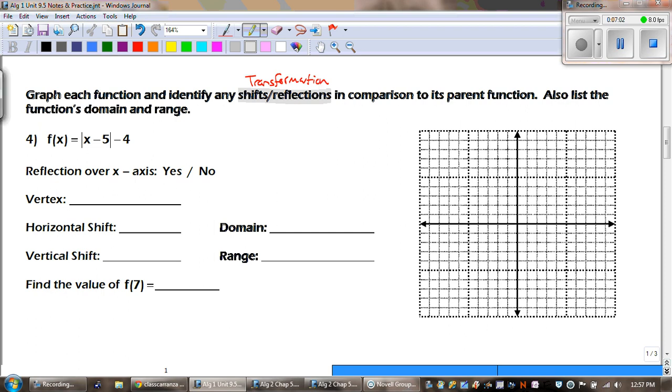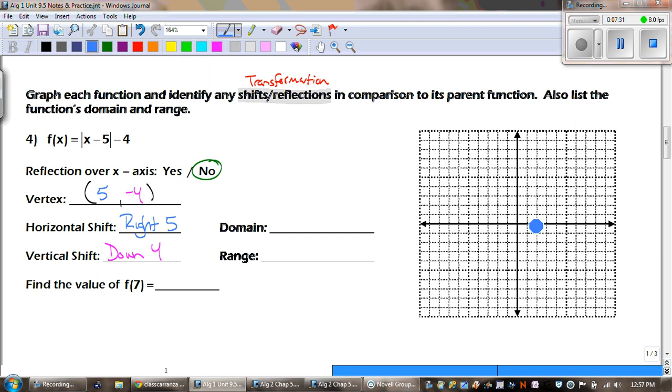So reflection, yes or no? No. What's our vertex? We've got +5 and -4. The +5 tells us that we have to go right 5, and the -4 tells us that we're going to go down 4.